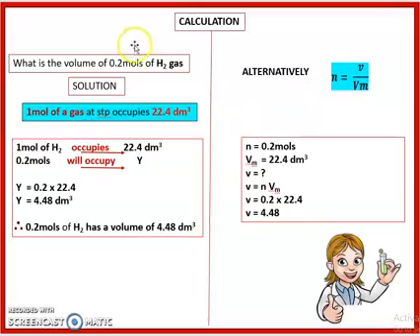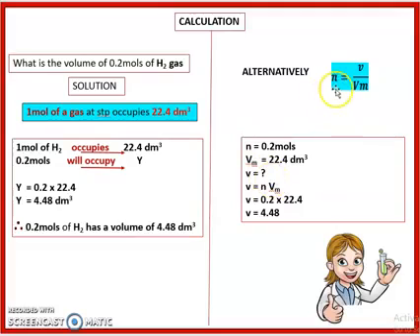So from the question, we have number of moles, which is amount, N, as 0.2 here, and molar volume as 22.4 dm3. Then the question says, what is the volume of 0.2 moles? So V is what we are looking for.